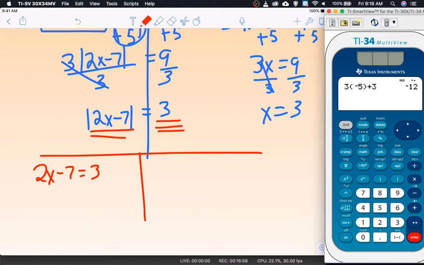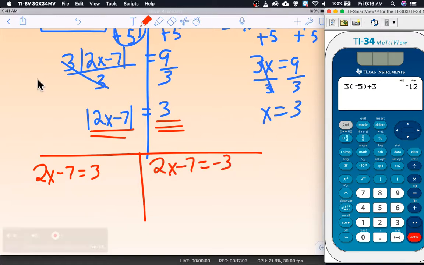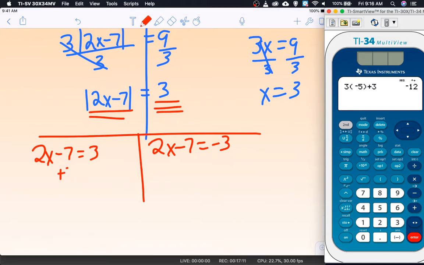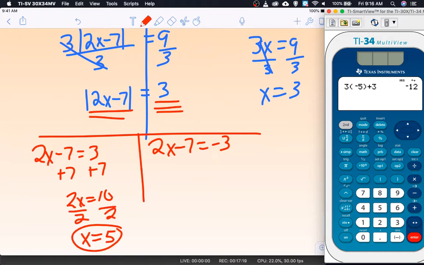We're going to change the sign of that number. And then we solve that equation. Add 7, 2x equals 10. Divide by 2 on both sides, and x equals 5.